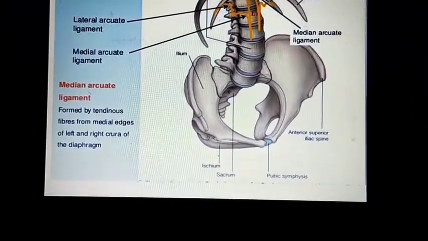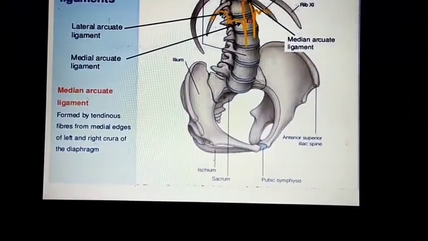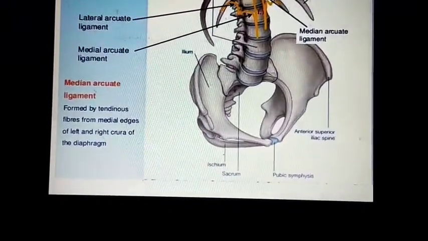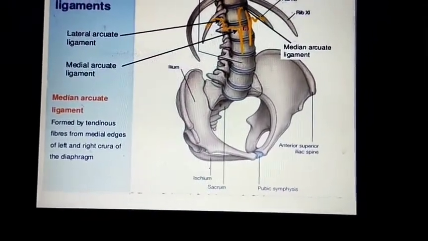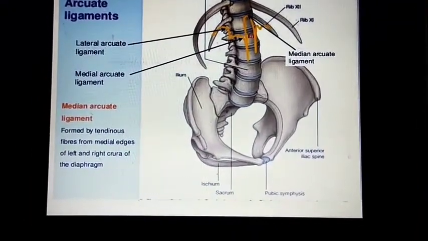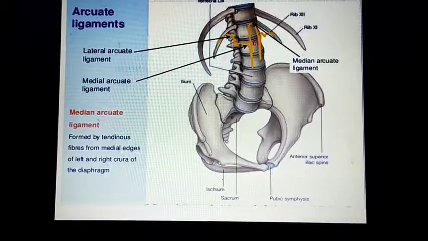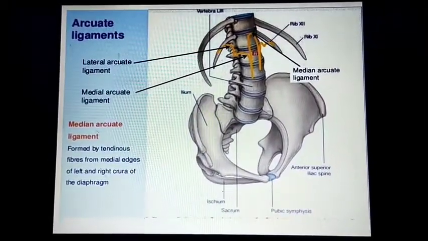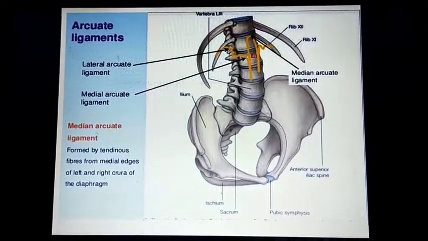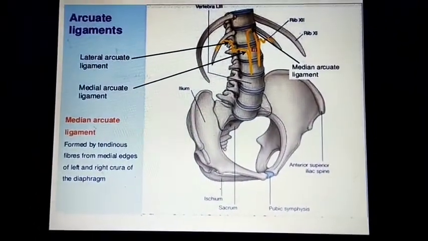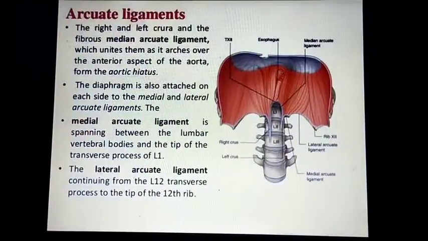One is medial, one is lateral, another is median. Median means center or middle, and lateral like that. The median arcuate ligament is formed by the tendinous fibers from the medial edges of the left and right crura of the diaphragm, or crus of the diaphragm.